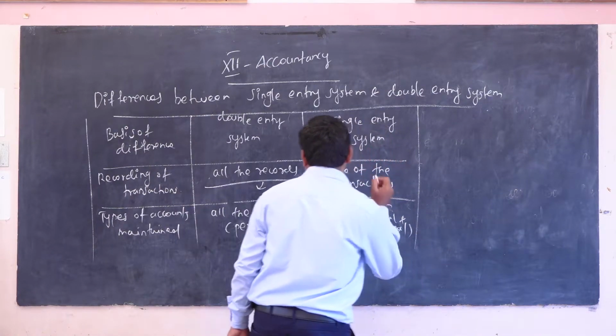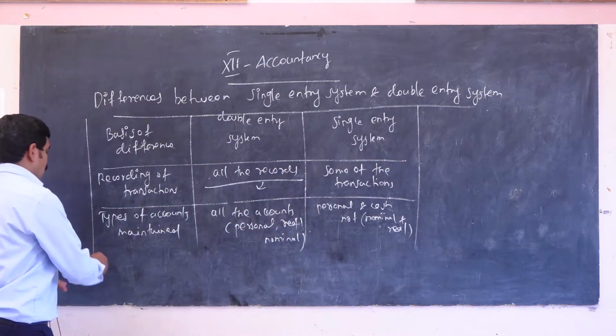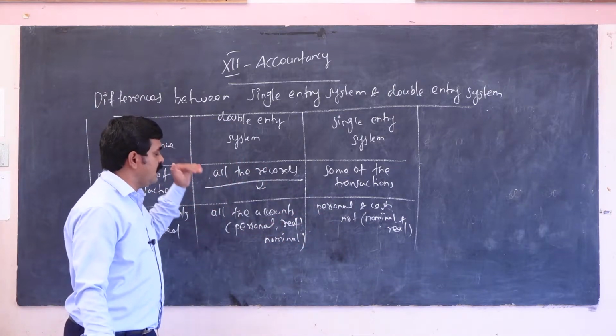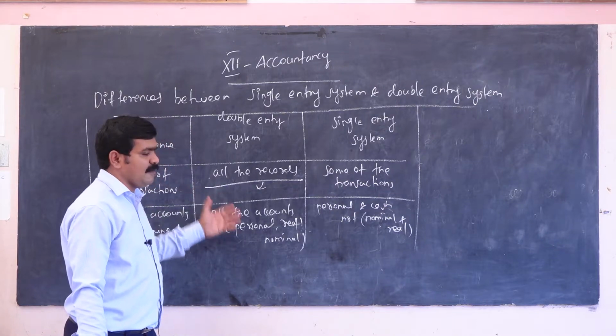So only some of the accounts are maintained in single entry system, while all the accounts are maintained in double entry system, that is personal, real, nominal.